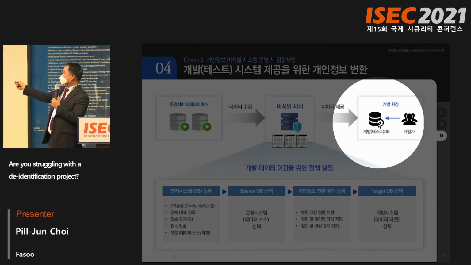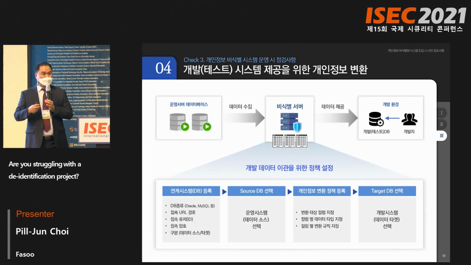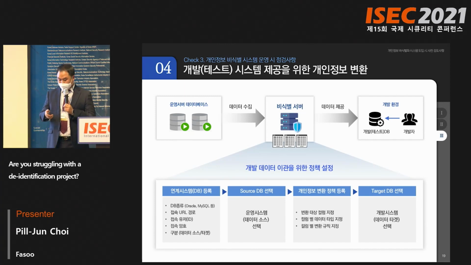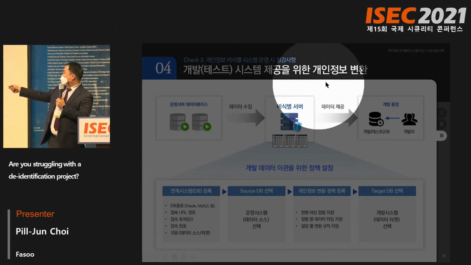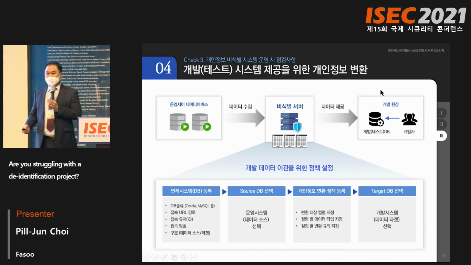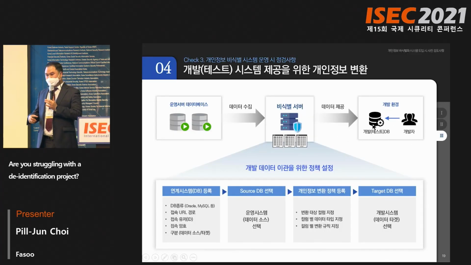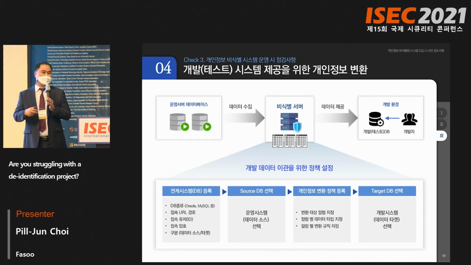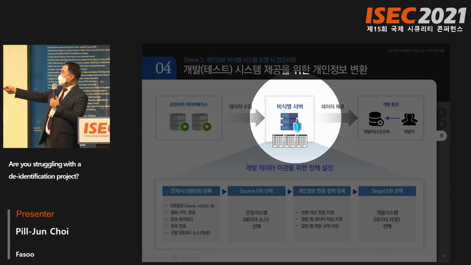In the development environment, in order to conduct a test, you need data for the server. Then you run the data, and if the output is correct, you can start using the system in the operating server. However, we cannot use actual personal data in the test environment because it's a violation of laws and regulations. The developers used to make random data, so the test environment is not complete.